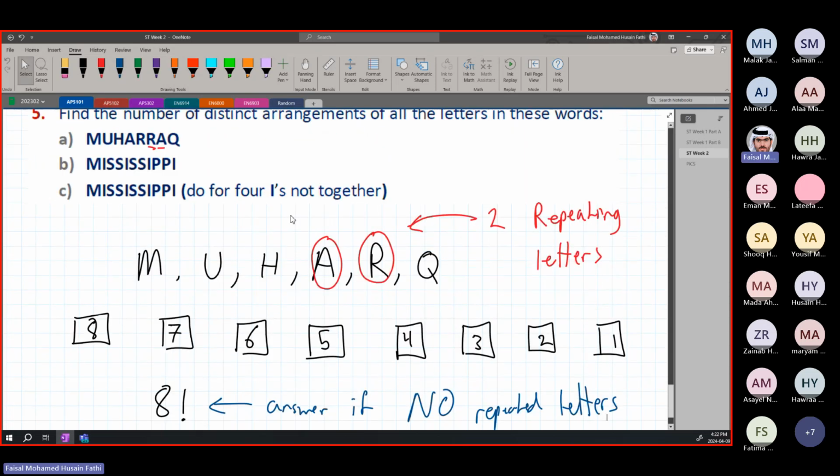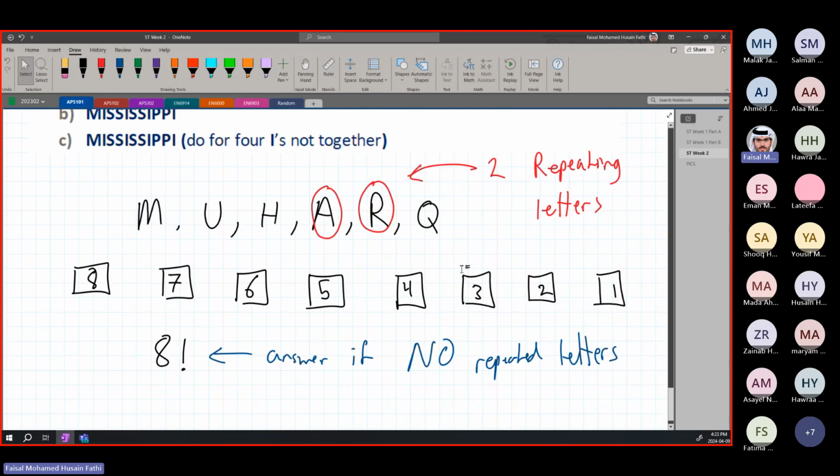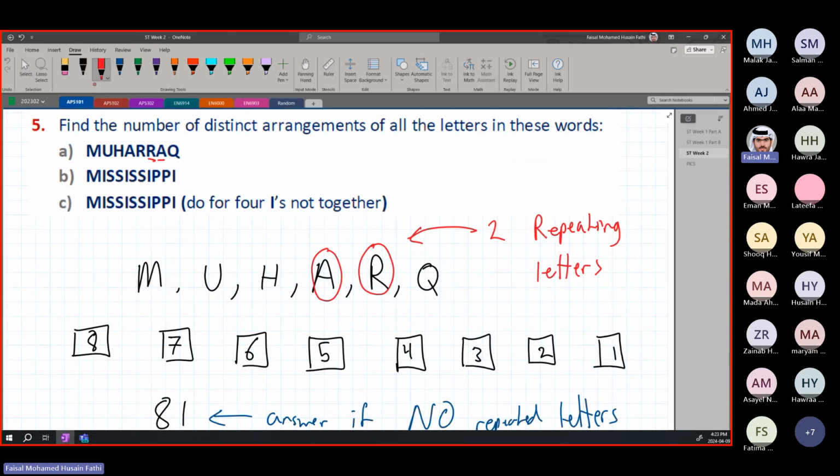However, here we do have the letter A being repeated, and we have the letter R being repeated. I want to separately look at each letter, so I'm going to color this with a different color.